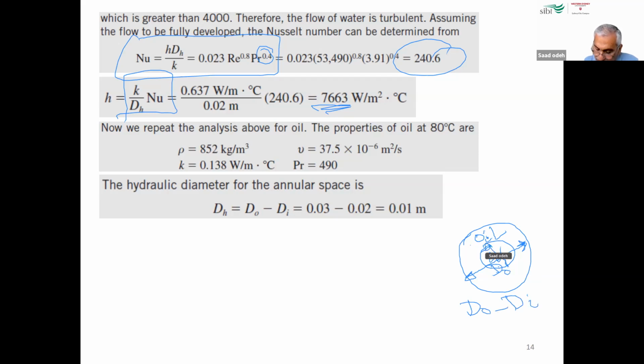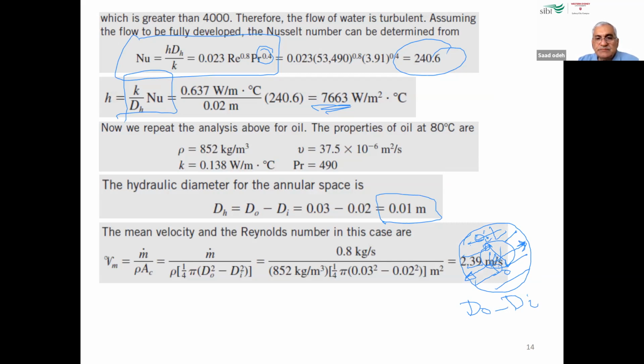The space that the oil fills is only this space, and therefore we have to exclude the inner tube from it. So as you can see here, this is our D_H, the hydraulic diameter for the annular space. And we can use now this D_H in our calculation to find Reynolds number.